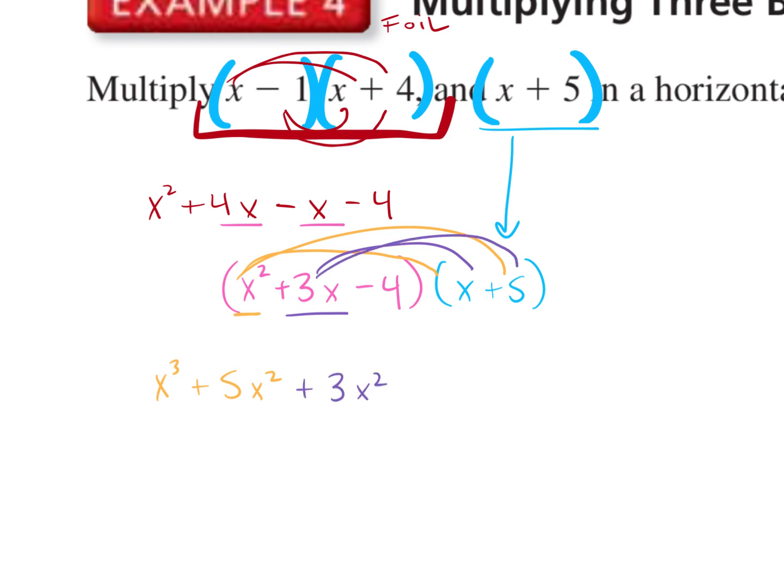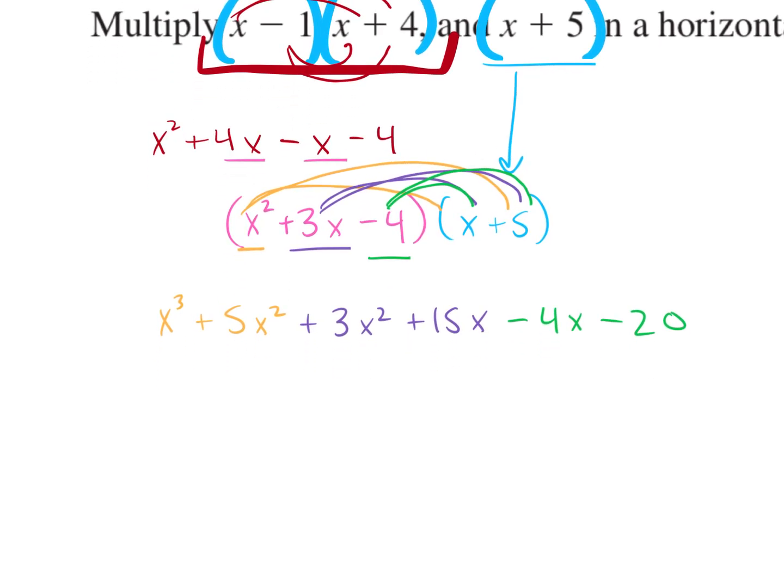And 3x times 5? 15x. Then we can move on to the minus 4. So negative 4 times x would be what? Negative 4x. And negative 4 times 5? Negative 20.